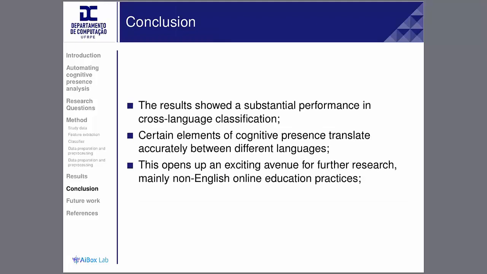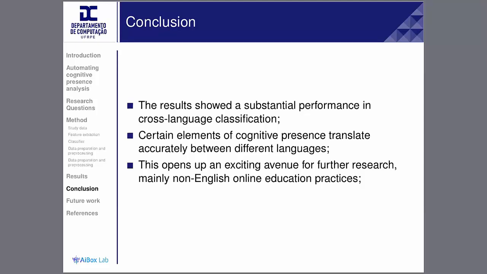Okay, to conclude this work, we can see that the results showed a substantial performance in cross-language classification, right? To our knowledge, this is the first work that tried to use an English dataset, for example, to train a classifier and test on a different one.